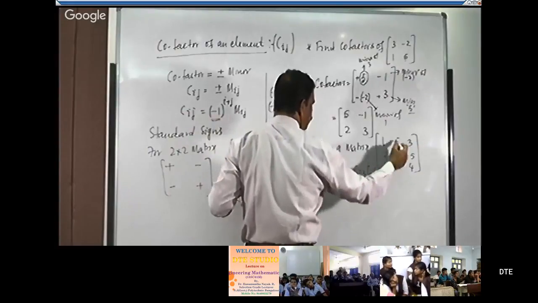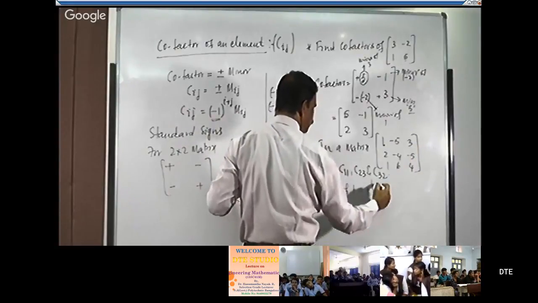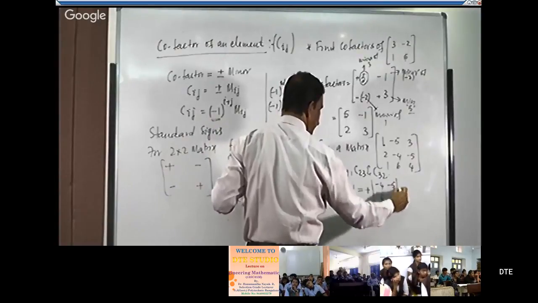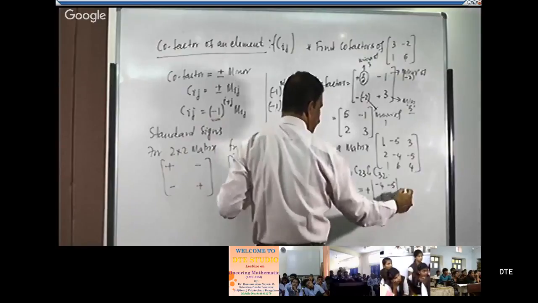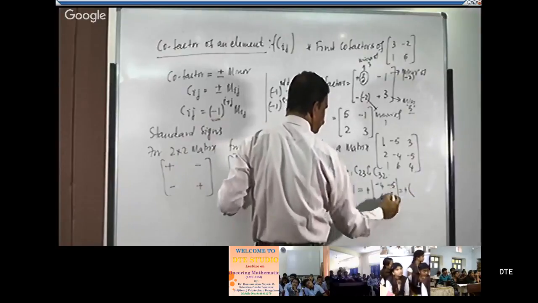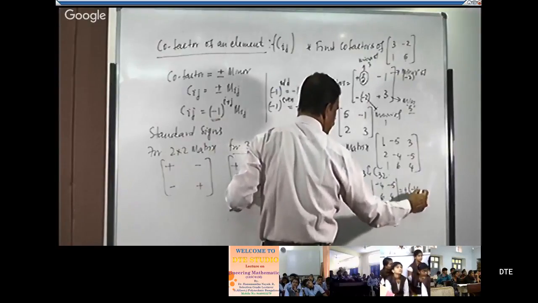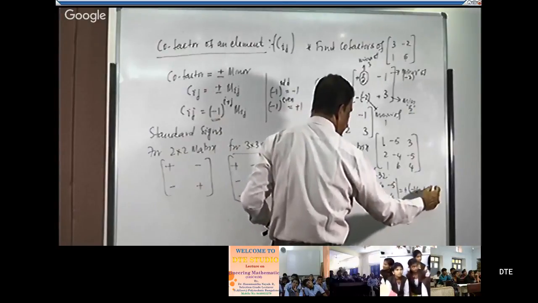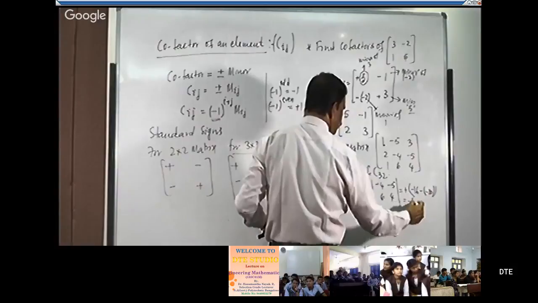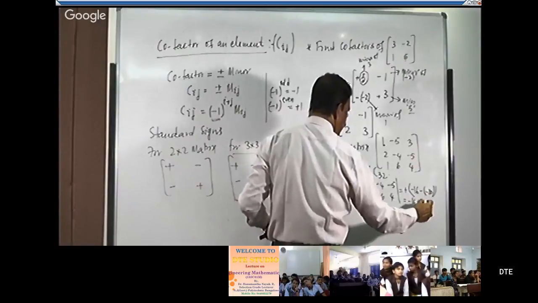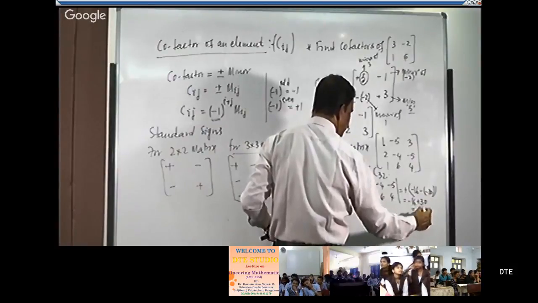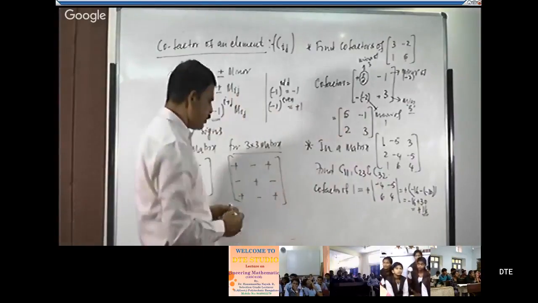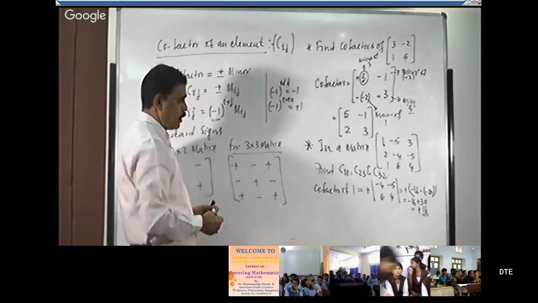The corresponding column and row are left out. The remaining thing is minus 4, minus 5, 6, 4. That is plus of, expand it: minus 16, minus 6 into 5, minus 30. Hence, minus 16 plus 30 is equal to plus 14, which is the cofactor of the element 1.